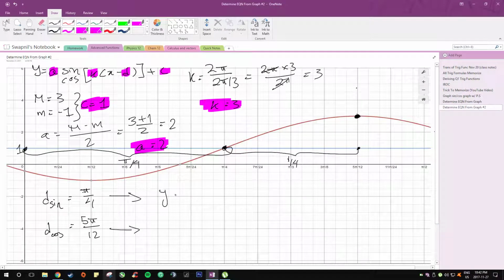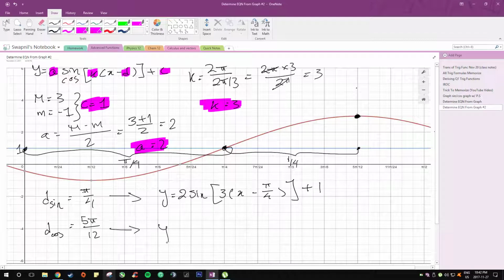So this would give us y equals, a is 2. And remember, a, c, and k stay the same for cosine and sine graphs. It's just the d that's different. So 2 sine 3 x minus pi over 4 plus 1.